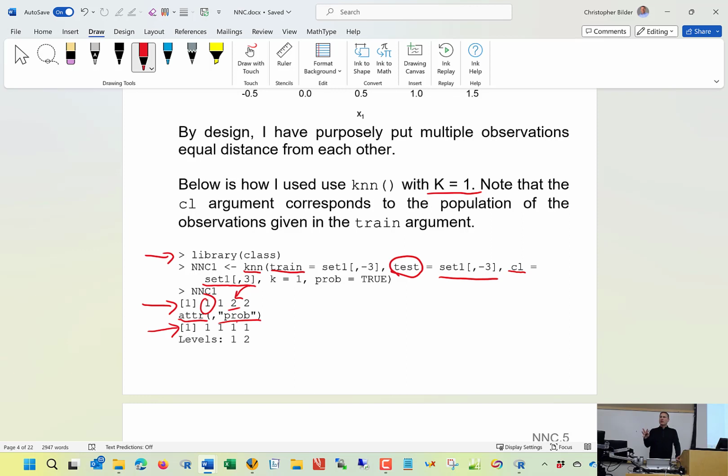Now you can imagine other settings where you have, let's say, more groups, a larger data set, a larger value of k. You will still only get the probability associated with the actual group that the observation is classified into. That's it. And so you won't know, was it close between, let's say, group 1 and group 2? You won't ever know that. You only will know the largest probability, or largest observed proportion.